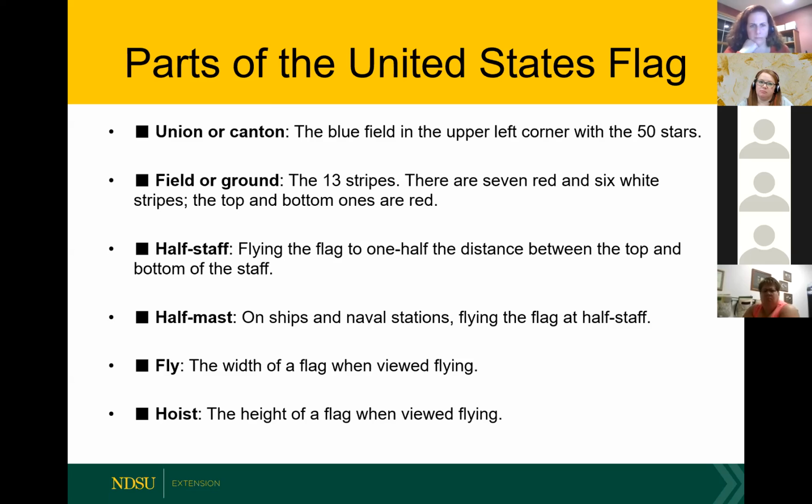All of this area with the stripes is known as the field or ground, okay? And you'll want to note that there are 7 red, 6 white, so red on top and red on the bottom. And of course, why are there 13 stripes? Everyone will probably know that, but if anyone wants to shout it out, feel free to. 13 original colonies.